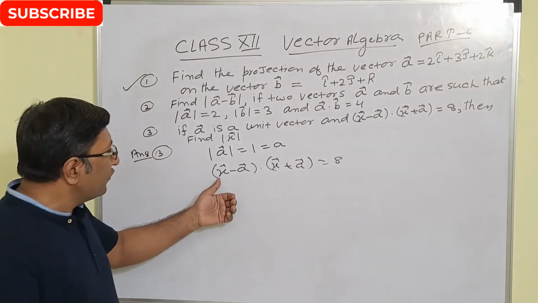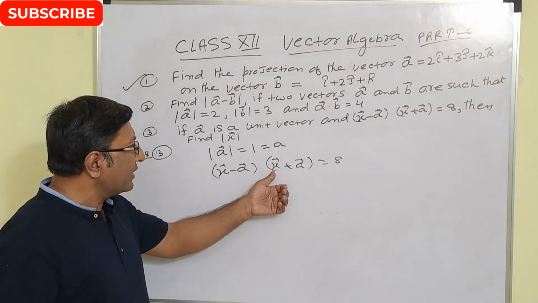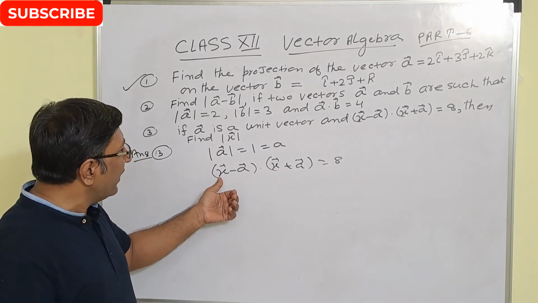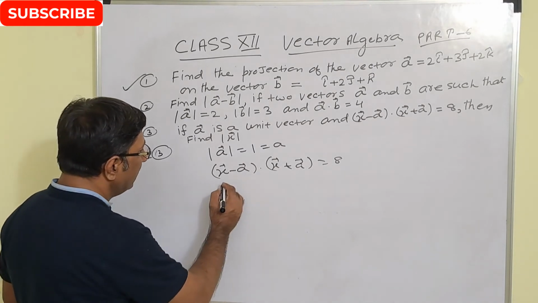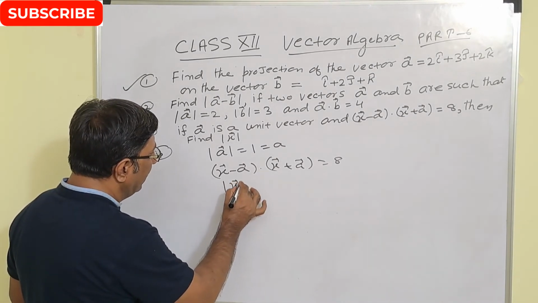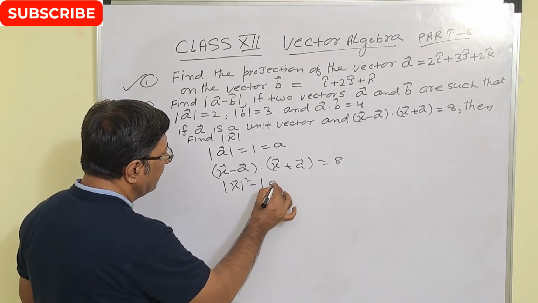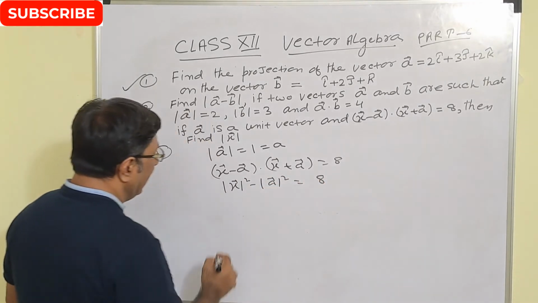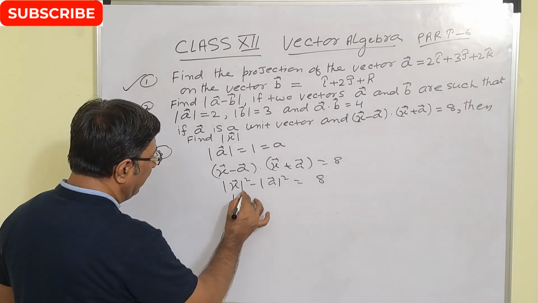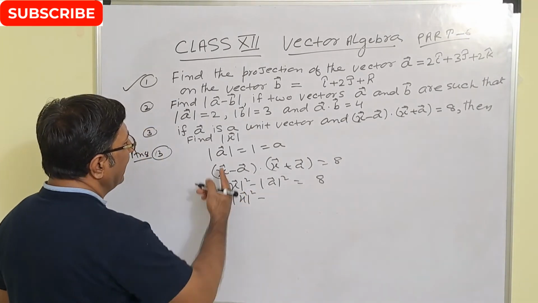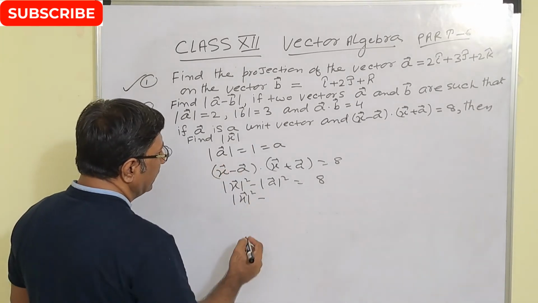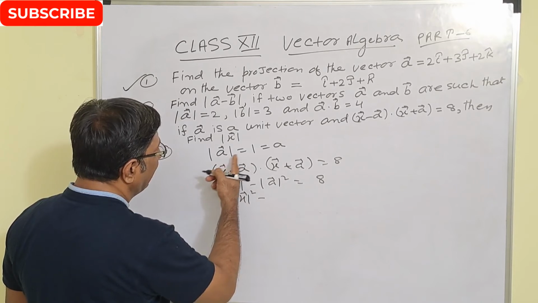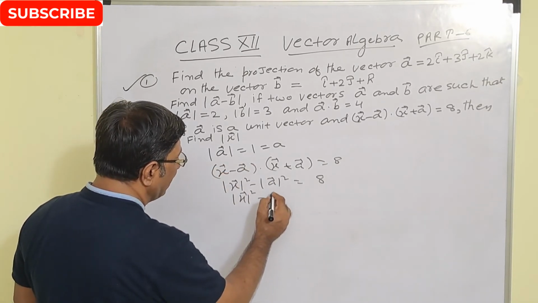Now you know x vector minus A vector into x vector plus A vector equals magnitude of x squared minus magnitude of A squared, which equals 8. Here the magnitude of A vector is 1, so we can write 1 squared, that is 1.